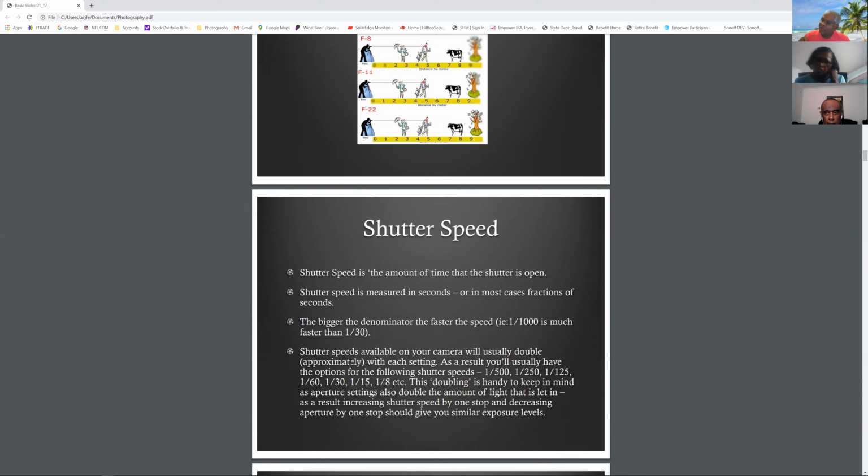If you are taking moving water, for example in a lake, sometimes you will see waterfalls with a smooth effect. You must have seen that, right?